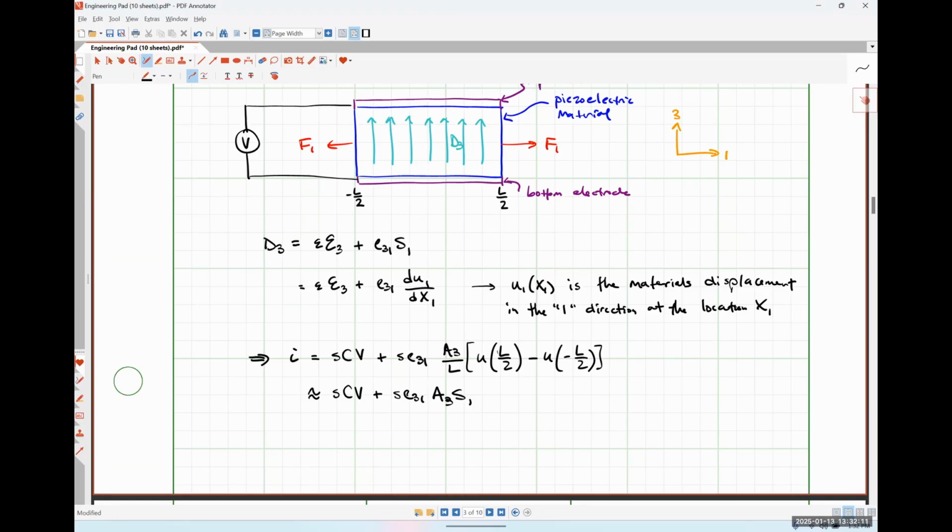I'll make a note here for uniform strain.